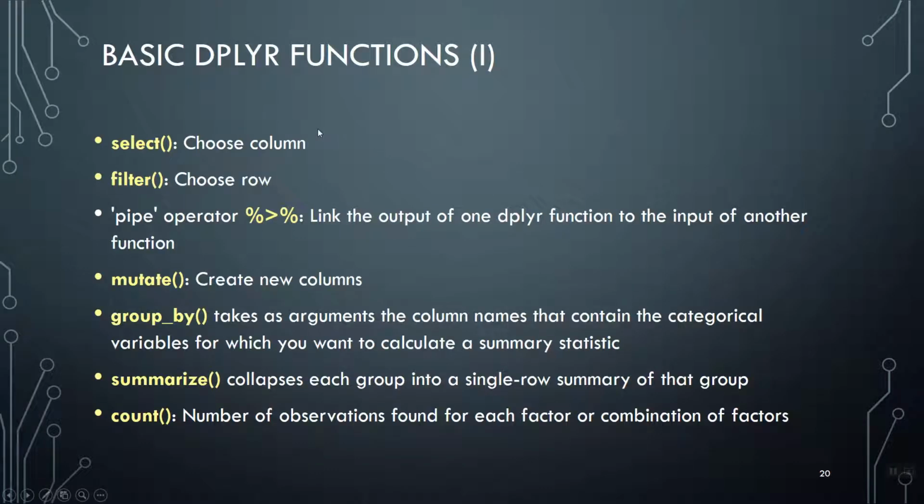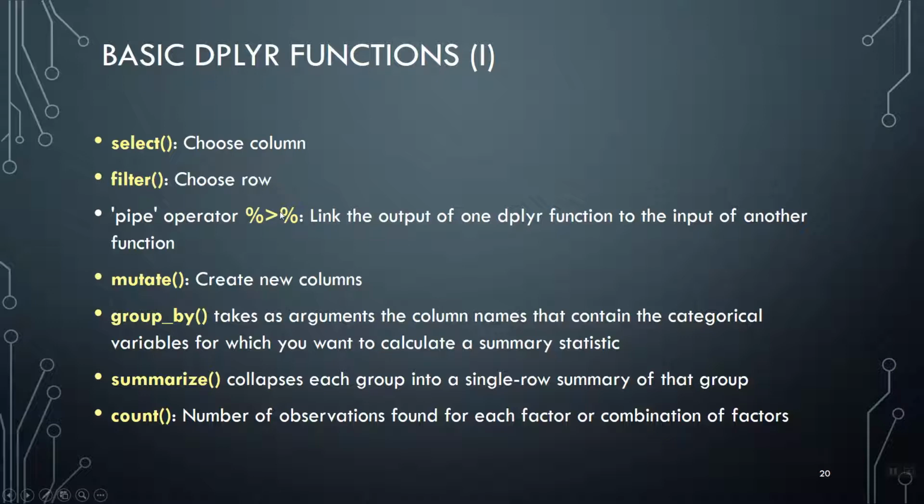So today we're going to be learning these functions and a couple others, but the other two I'm not going to spend time on unless you really want to. I created the documentation, but I want to explain them. So these are the tools we're going to be using. We're going to use select to choose columns. We're going to use filter to choose rows. The pipe operator is this one.